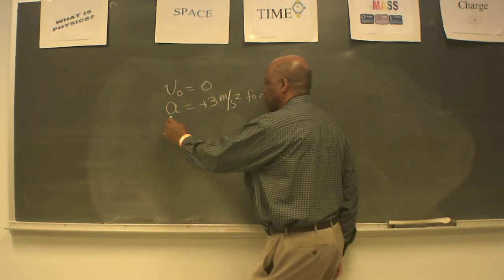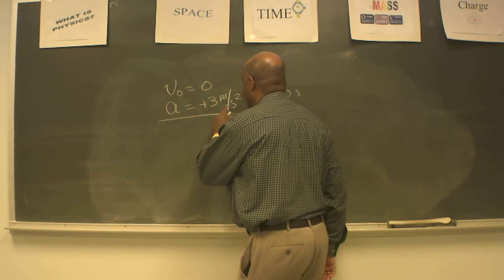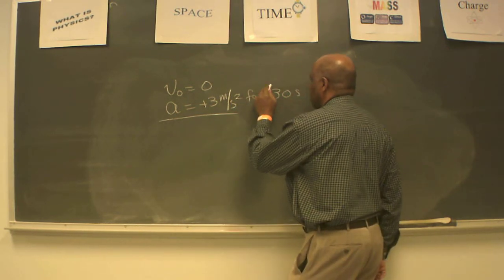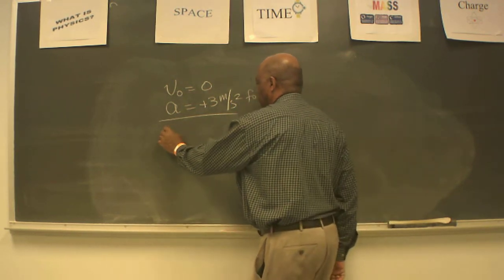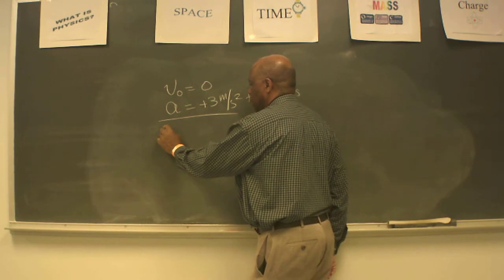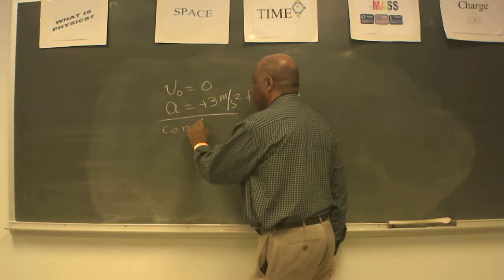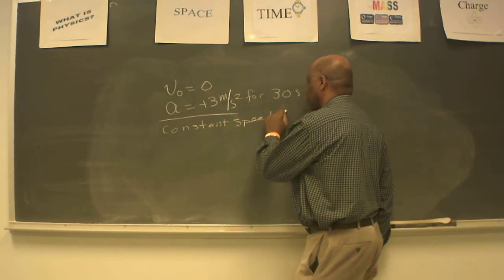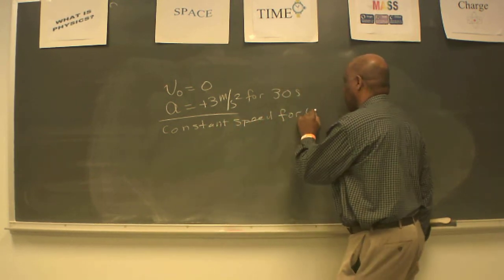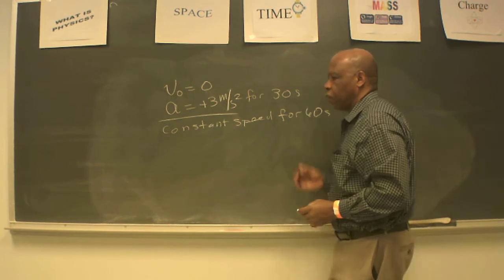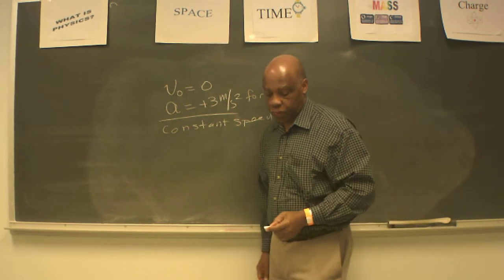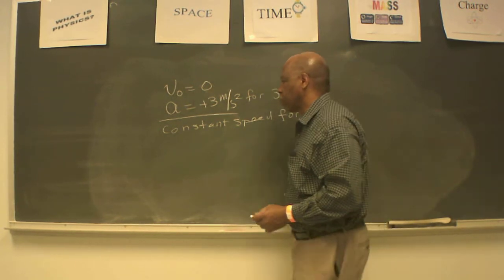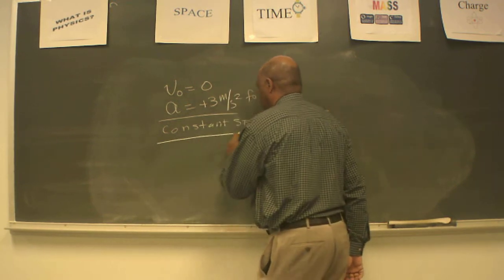Then, second part of the trip, whatever final velocity it achieved here, it's going to travel at that constant speed for 60 seconds. So that's another distance that has been traveled, and so you have to find that part.